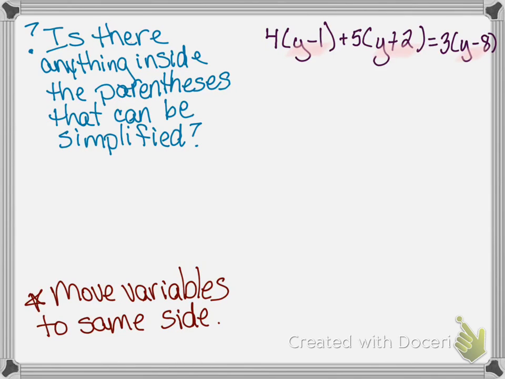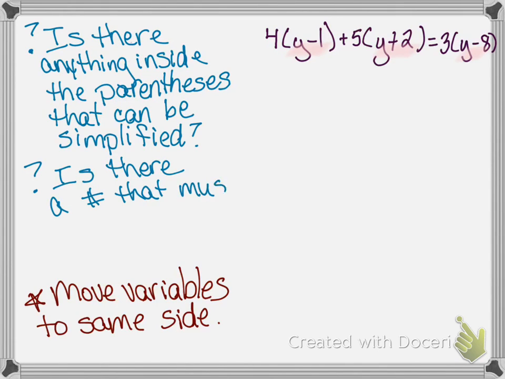So the next question we ask is, is there a number that must be distributed? And so now what we're looking at is that 4, that 5, and that 3. Those need to be distributed. So let's do that.